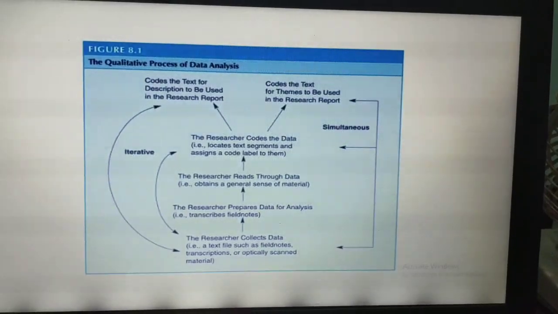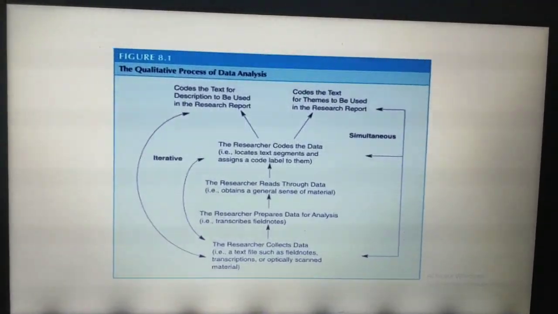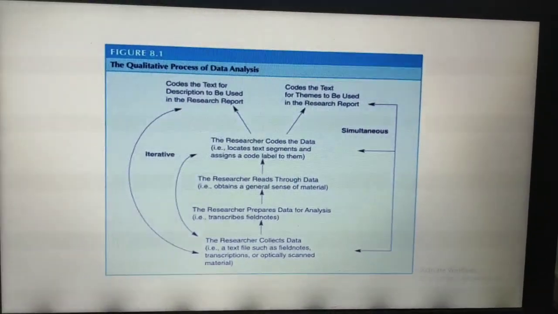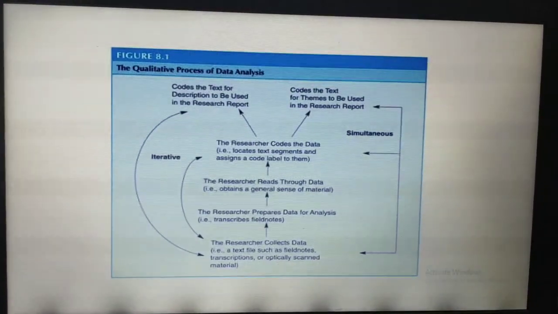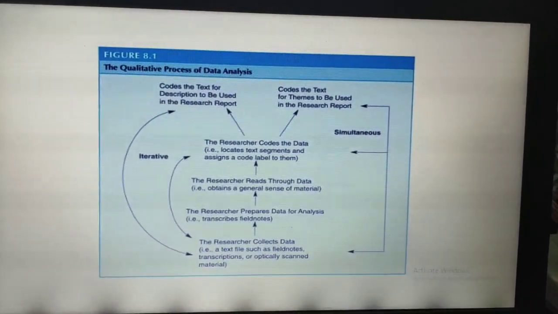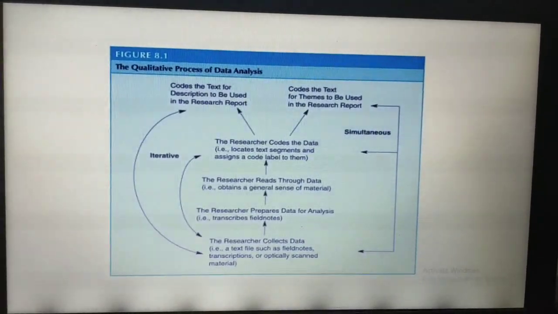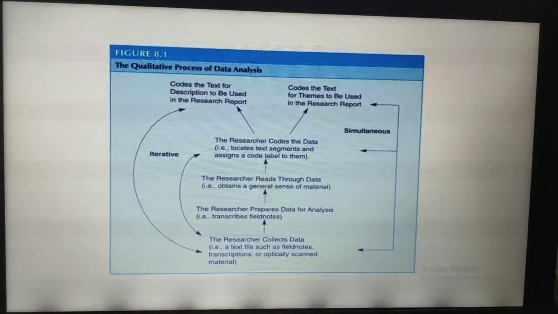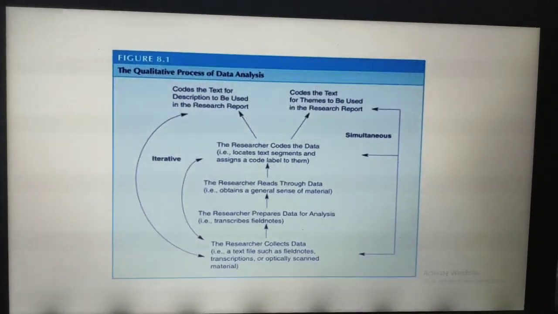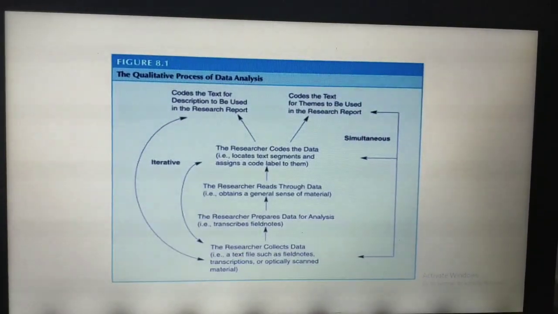In the figure, qualitative researchers first collect data and prepare it for analysis. This analysis initially consists of developing a general sense of the data, and then coding description and themes about the central phenomenon. Let's look at some of the features of this process in more detail.